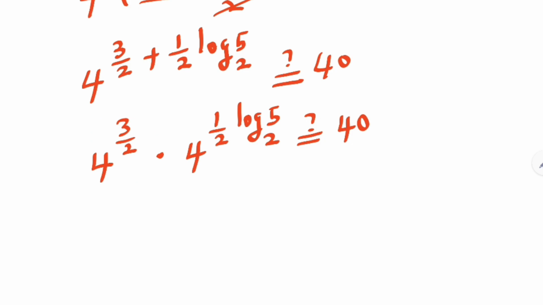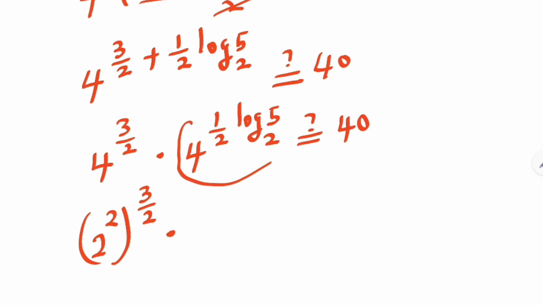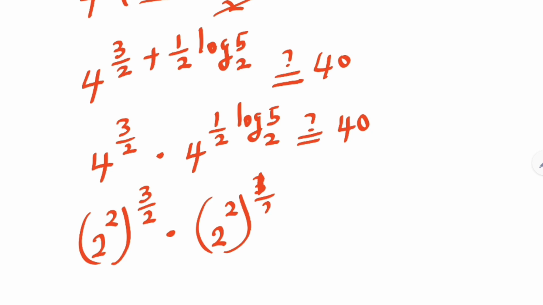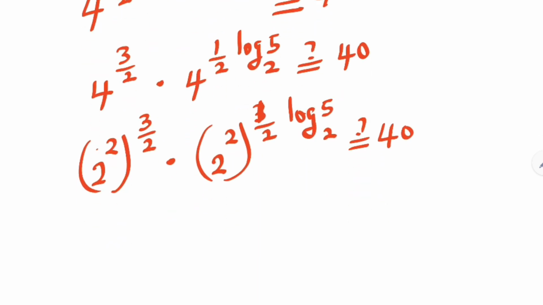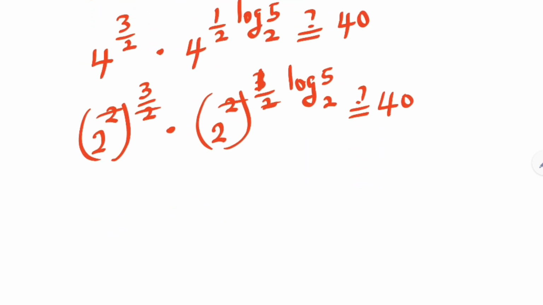This can be written as 2 raised to power 2 to the power of 3 over 2 multiplied by 2 raised to power 2 to the power of 1 over 2 log 5 base 2 must be equal to 40. This cancels this, this cancels this. We have 2 raised to power 3 multiplied by 2 raised to power log 5 base 2 must be equal to 40.